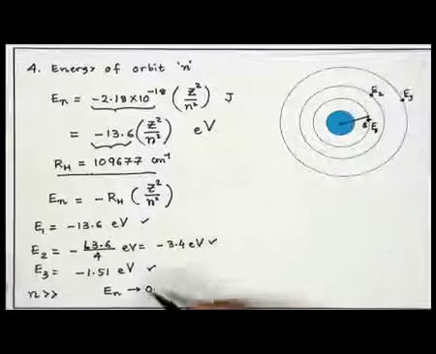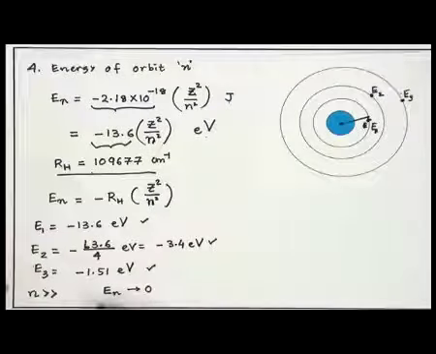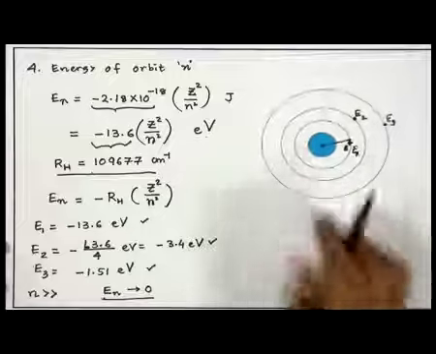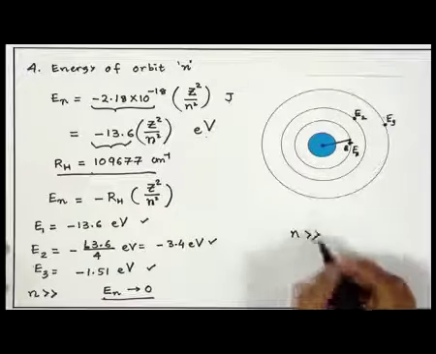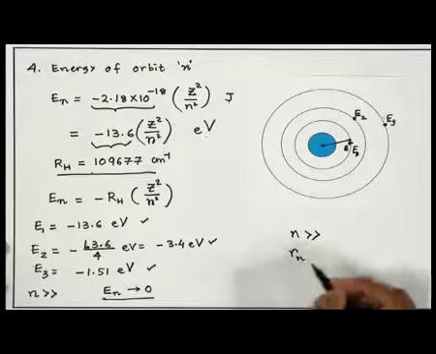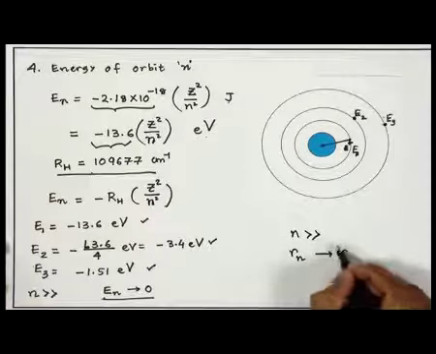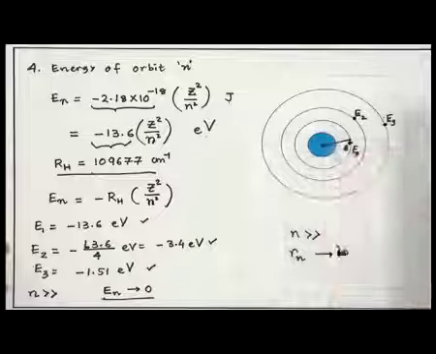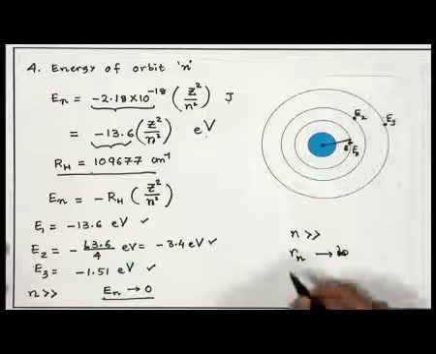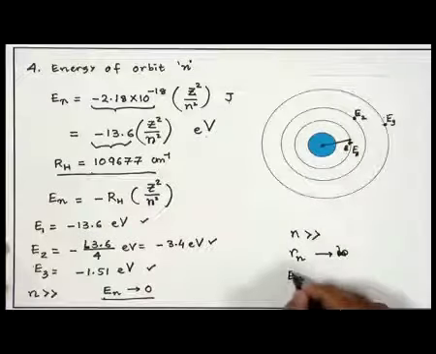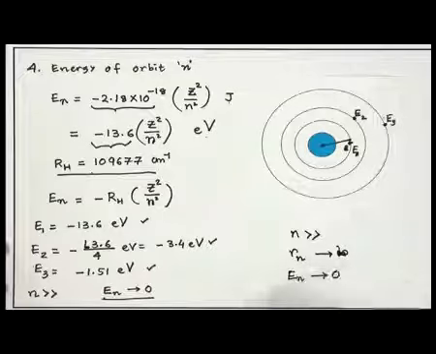We see that as n goes to a very large number, the energy goes to 0. What does that mean? If you remember the expression for Rn, it goes to infinity. That means the distance between the nucleus and electron is very high, and the energy of the electron is nearly 0.